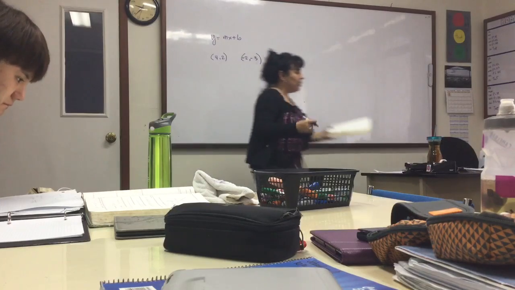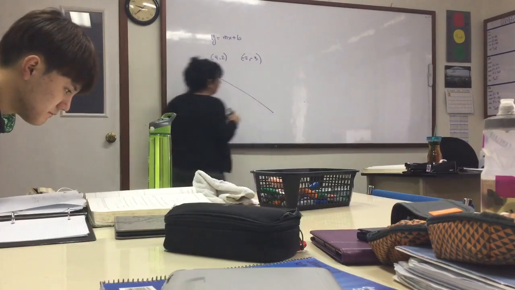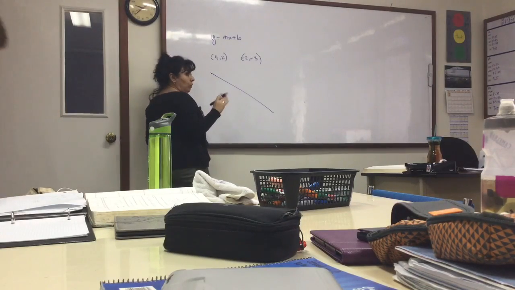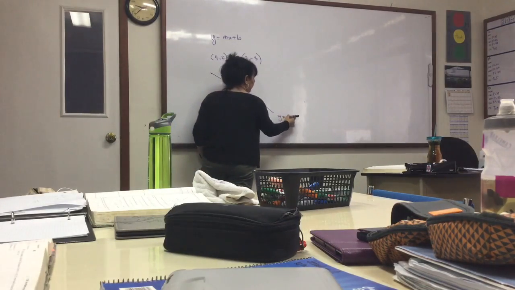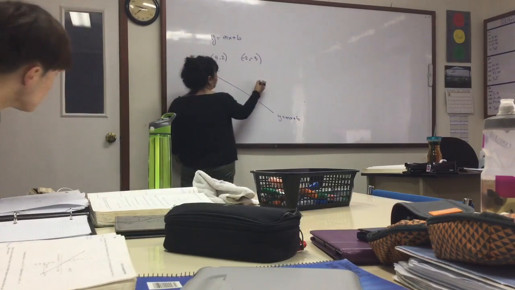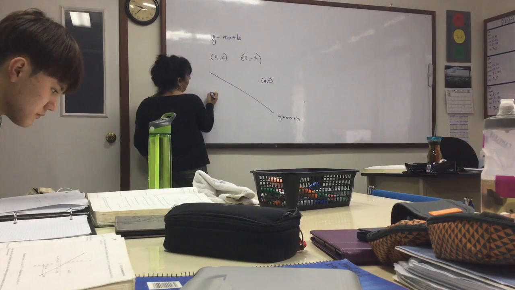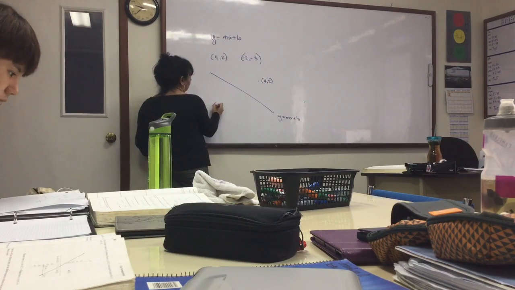Okay. So what it's asking is this. You've got a line. You don't know the line, so this one is y equals mx plus b. You don't know the equation of this line. You know that (4, 2) is here, and (-2, -3) is somewhere down here.